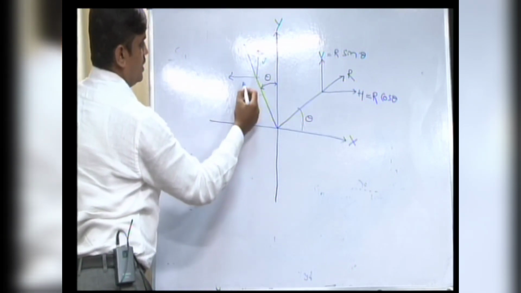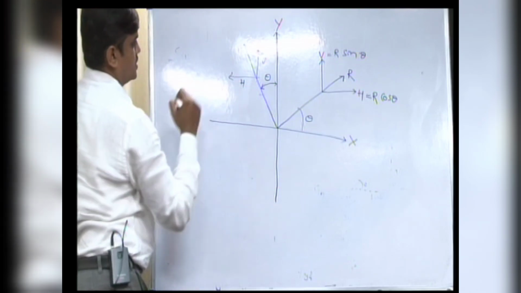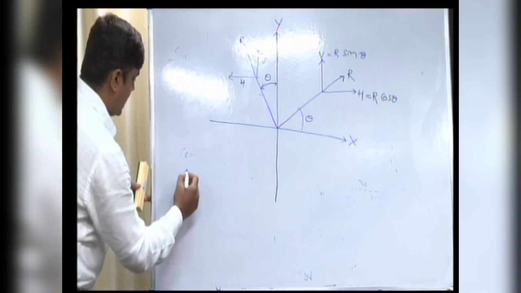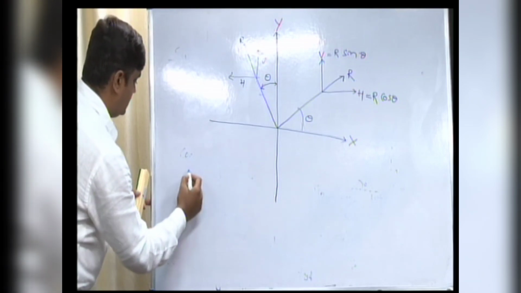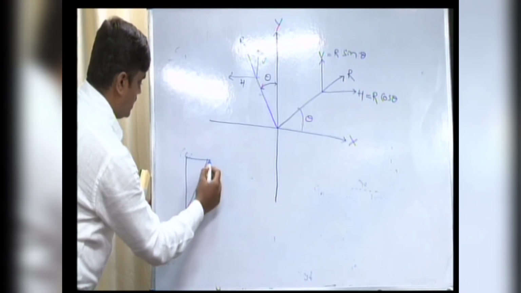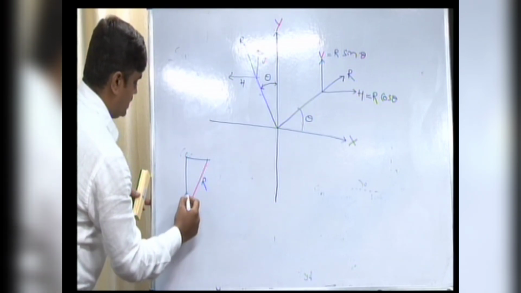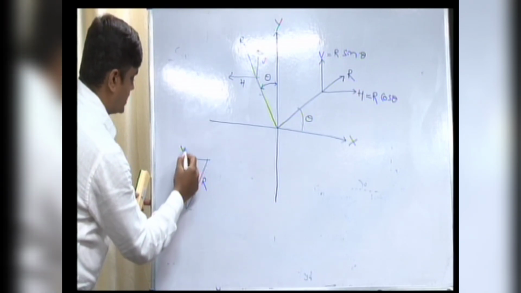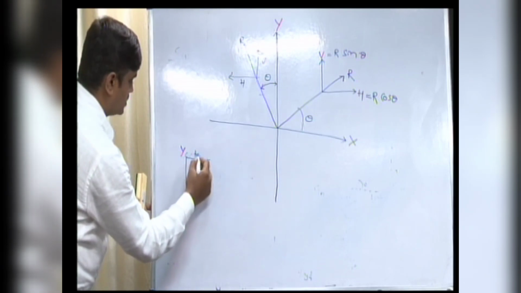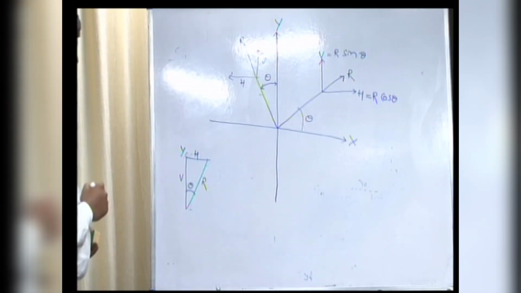This is V, this is H, this is R. Now if we consider the triangle here, the angle made by the force R with the y axis or vertical, here we can observe the horizontal component and the vertical component.